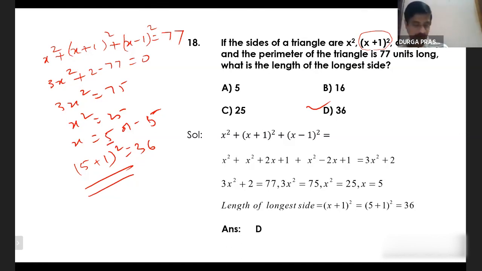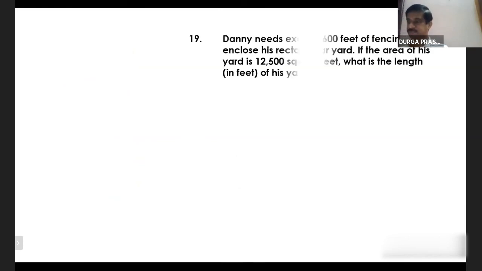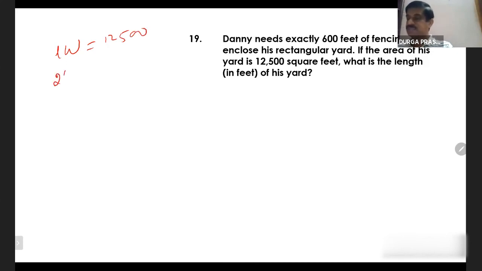Let us go to the next question. So Danny needs exactly 600 feet of fencing to enclose his rectangular yard. The area of the yard, length into width, is 12,500. So 2 times length plus width is 600, he gave.